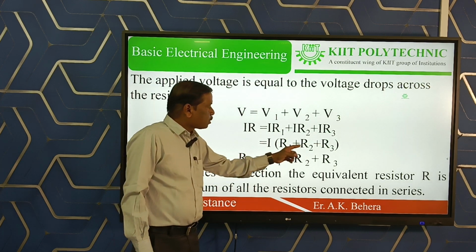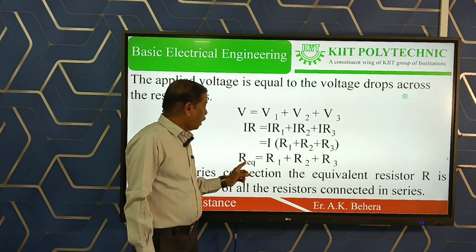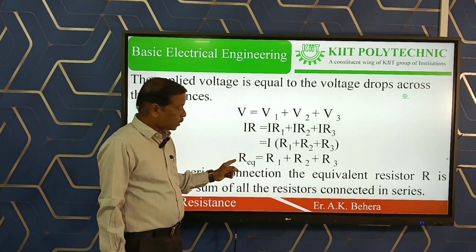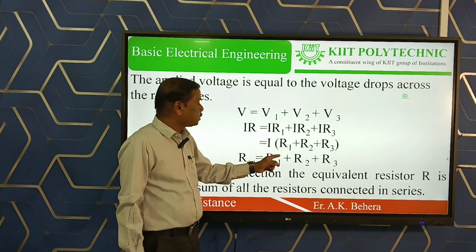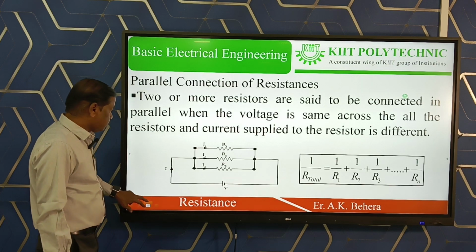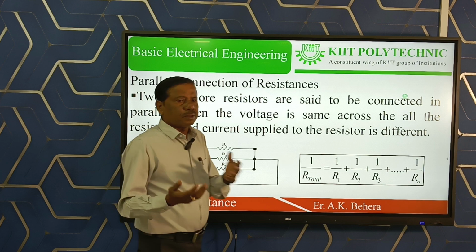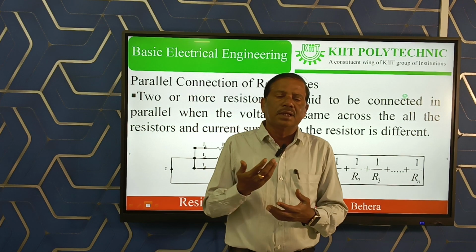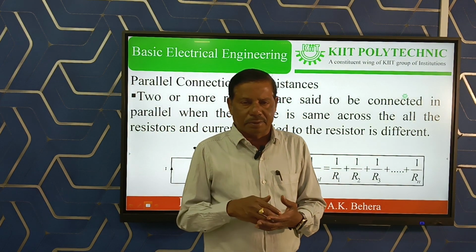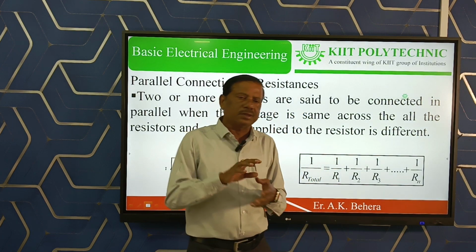So this summation of resistances is called R equivalent, the total resistance of that circuit, equal to R1 plus R2 plus R3. Similarly, total voltage divided by the equivalent resistance will give you the total current flowing through the circuit.